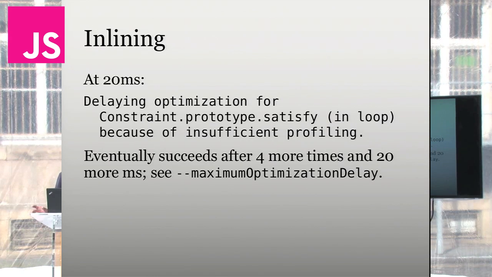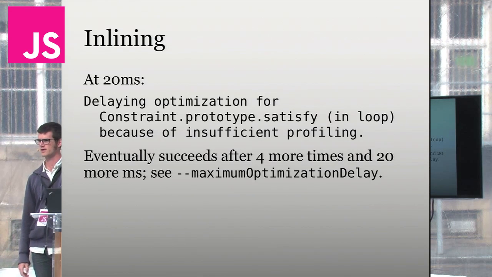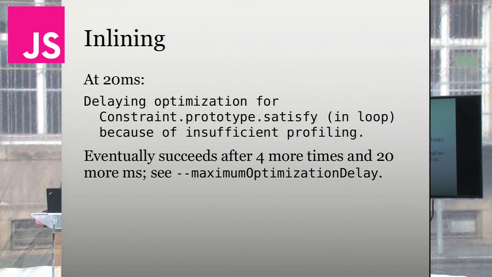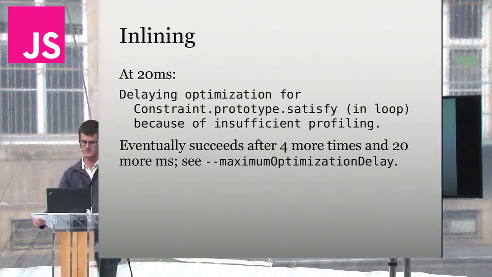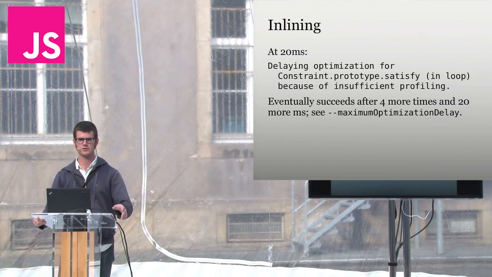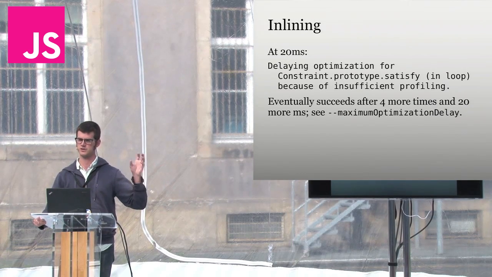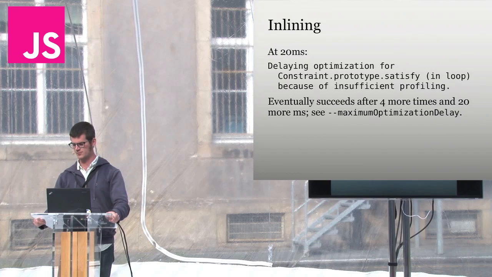we see some entries like delaying optimization for this function, and it's called in a loop because we have insufficient profiling. So this indicates that, for this optimizing compiler, as with all JavaScript optimizing compilers, we need what they call profiling, which is the runtime type feedback, the type information. And there's actually an option to tweak how much it weights some profiling information.